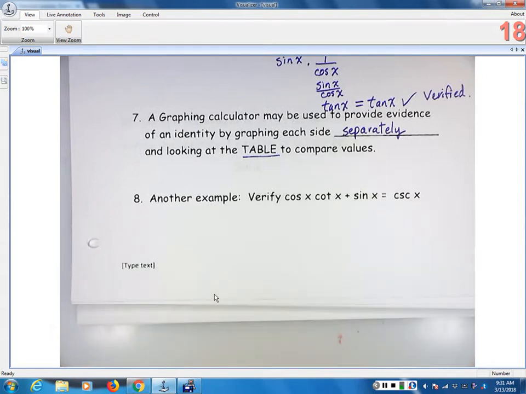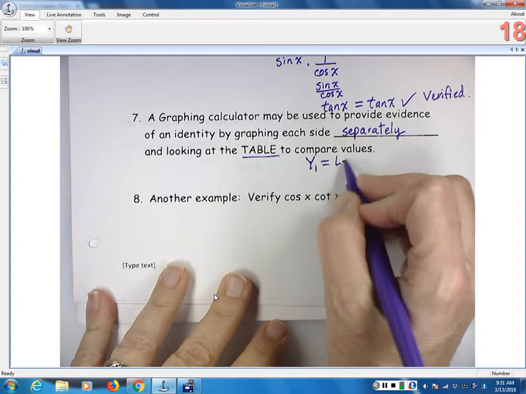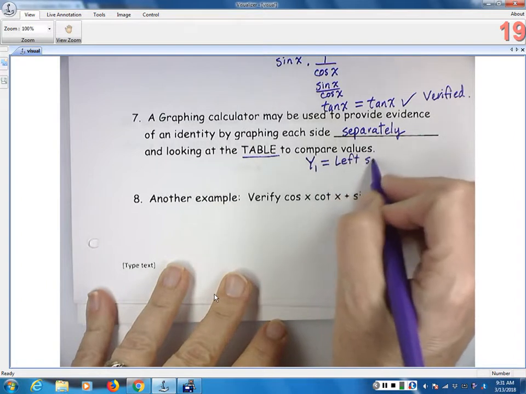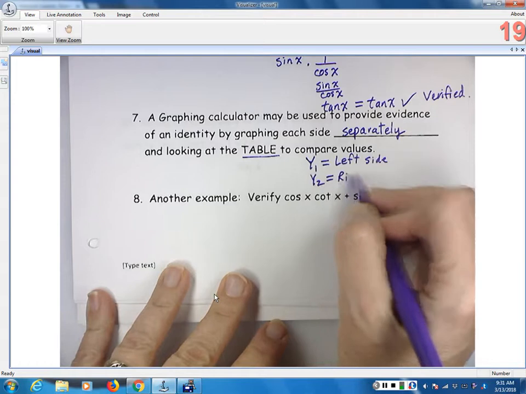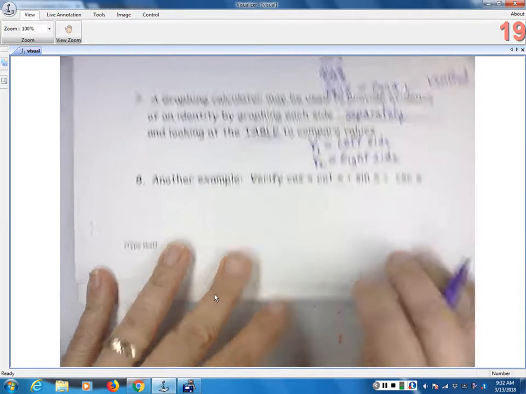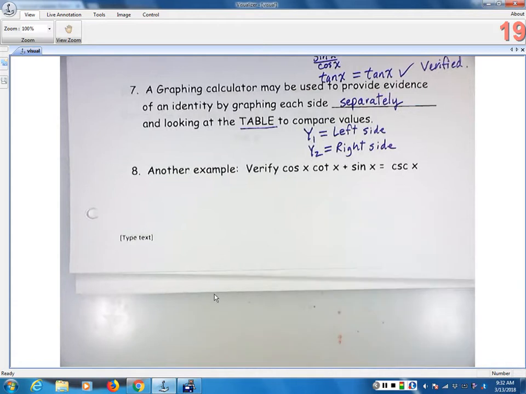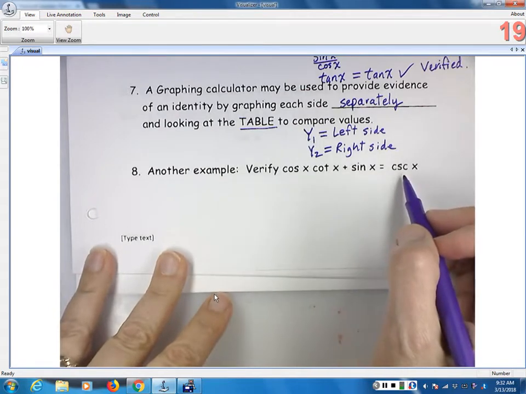What I wrote here in my notes was y1 equals the left side, y2 equals the right side. And then you look at your table. Okay, verify cosine x times cotangent x plus sine x equals cosecant x.